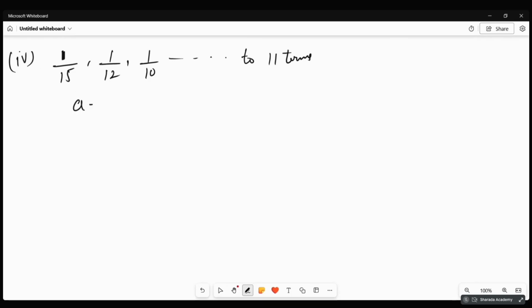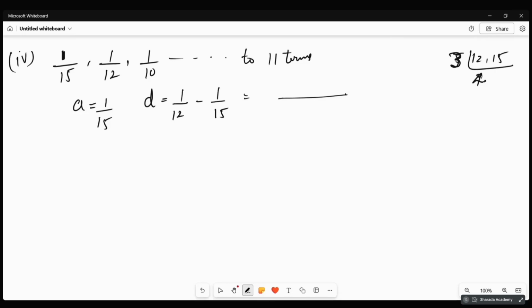So A is equal to 1 by 15. D is equal to 1 by 12 minus 1 by 15 here. So what will be the LCM for 12 and 15? 3 fours are 12, 3 fives are 15. No other common number; 5 fours are 20, 3 twenties are 60.